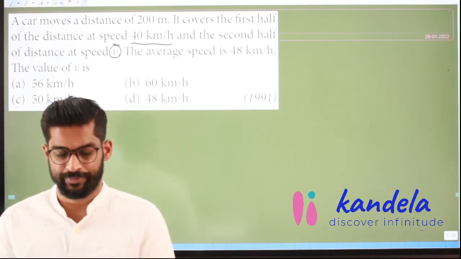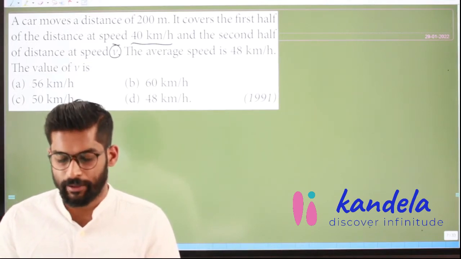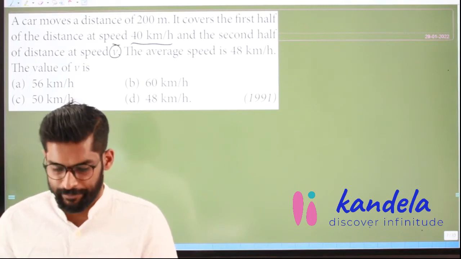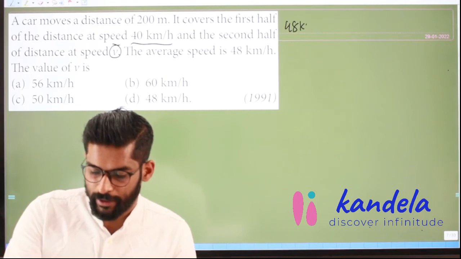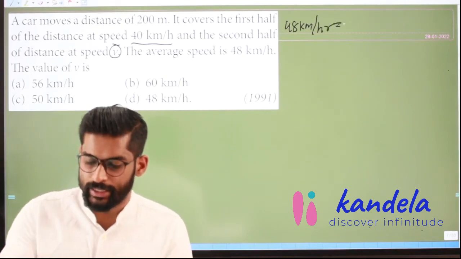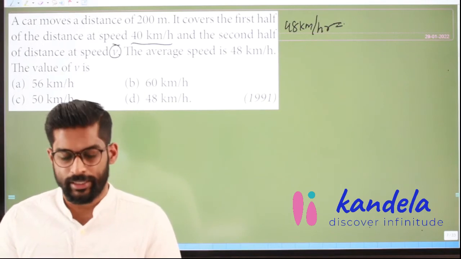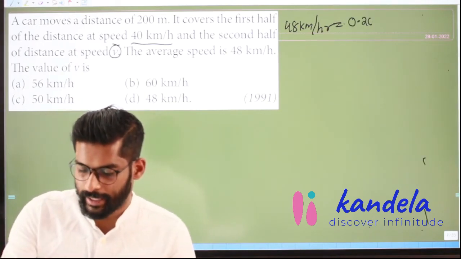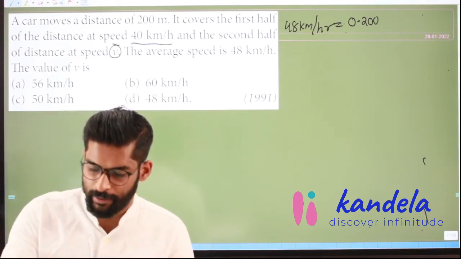It says the average speed is 48 km per hour. So this is the average speed for the total journey, which is the total distance covered divided by the total time taken. Now what is the total distance covered? 200 meters. So that is 0.200 kilometer. Do we know the time? I don't know the time, so I keep the time as t.